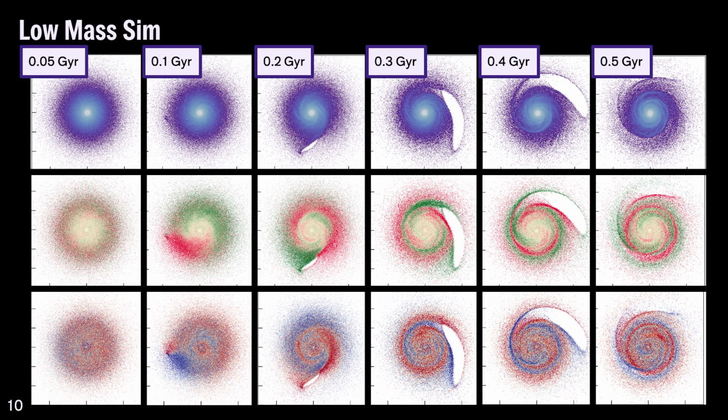So this is where you're going to see those spirals and those density waves. In the middle row, we've got the bending waves, so the height above and below the galactic plane. So we've got pink being the positive height and then green being the negative height, so things moving up and down. And then likewise, we've got the same for vertical velocity on the bottom row. So red is going to be the positive vertical velocity and blue is going to be the negative.